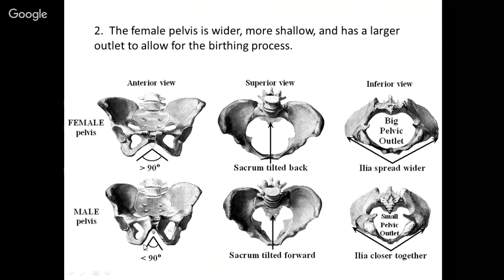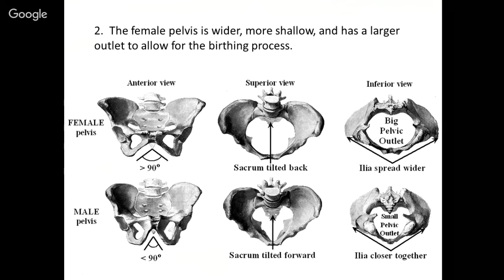And you can see how the sit bones are narrower in the male, and in the female pelvis, the sit bones are wider. From the superior view, you can see not only is the whole opening much larger in the female pelvis compared to much smaller in the male pelvis, but in the male pelvis you can actually see the tailbone and the sacrum, whereas in the woman, it's tilted back more.